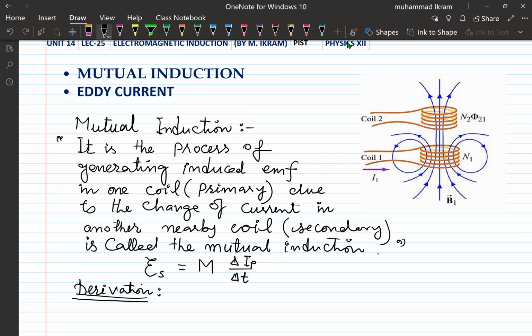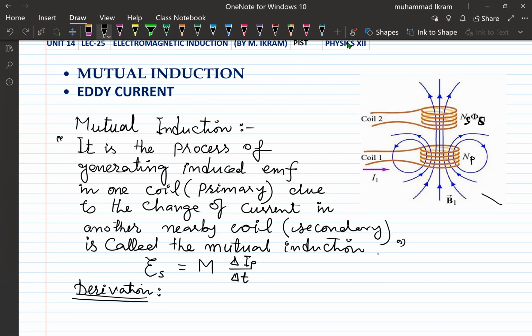That is, the induced EMF in the secondary coil is the mutual inductance times the change of current in the primary coil. Now let us see the coil here, where there are N1 turns. Better I label it as N_P number of turns, and this N_S number of turns, and this flux I would write as phi_S, the flux in the secondary.